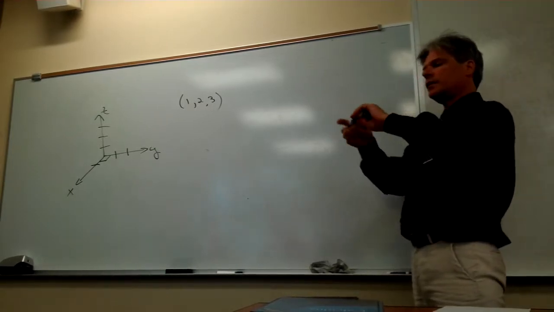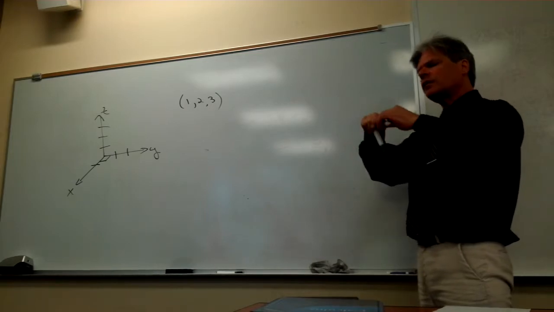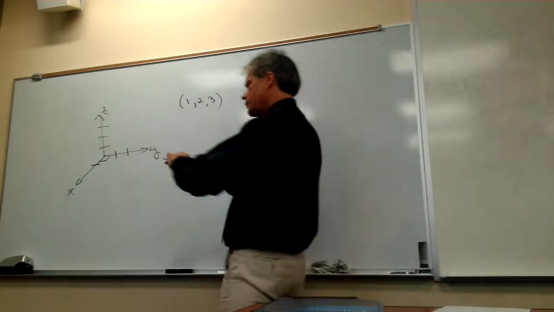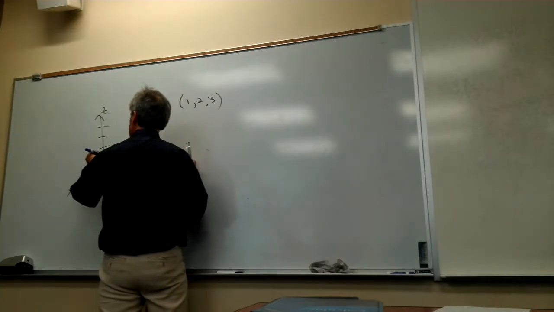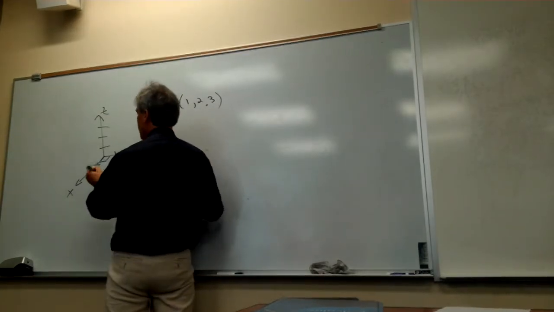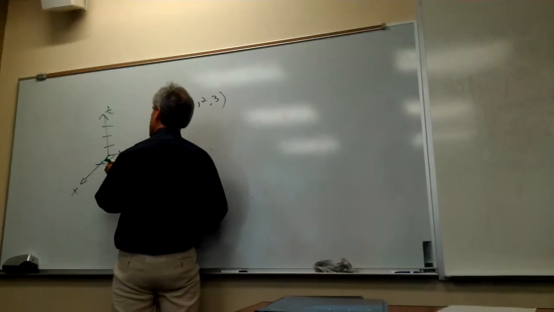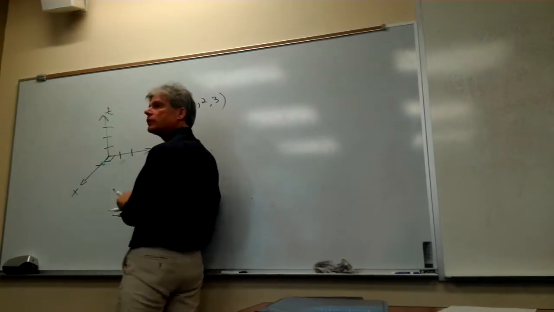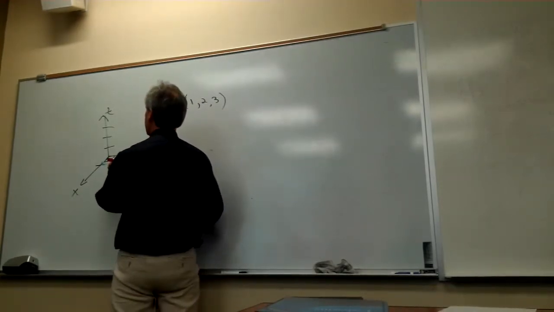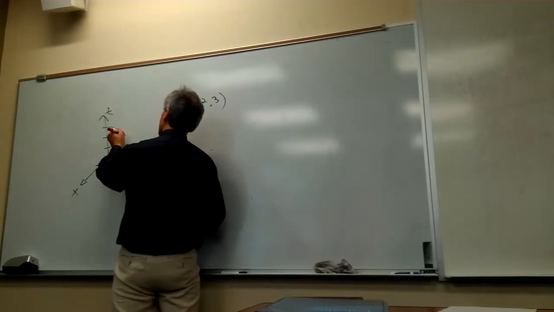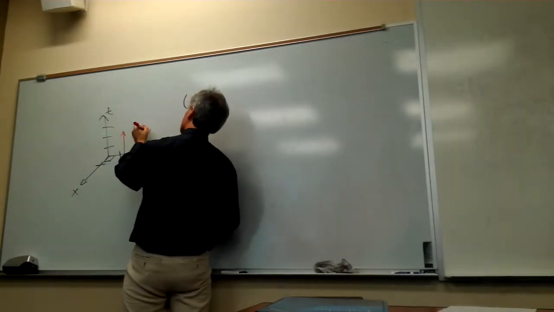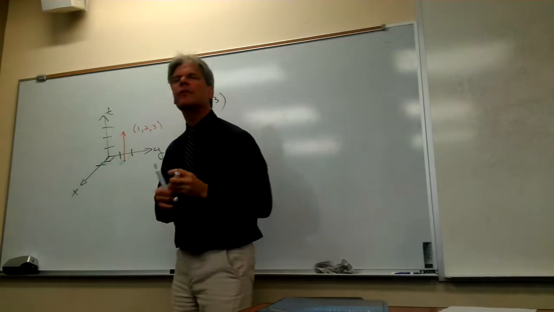I know this looks a little bit awkward, but in blue, I walk along the x-axis 1 unit; in green, I walk parallel to the y-axis 2 units; in red, I walk parallel to the z-axis 3 units. There would be the location of the point (1, 2, 3). Sorry for drawing that in red, I didn't mean to. It's going to be black.